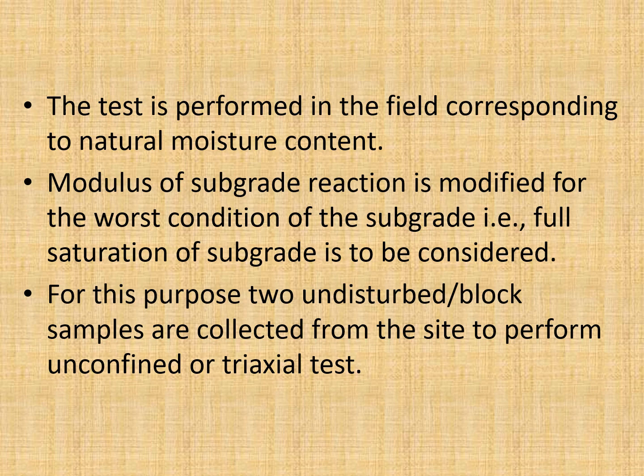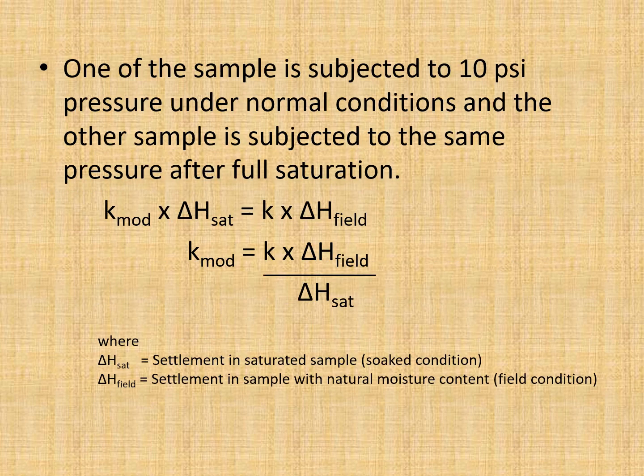For this purpose, two undisturbed or block samples are collected from the site to perform unconfined or triaxial test. So one of the samples is subjected to 10 psi pressure under normal conditions, and the other sample is subjected to the same pressure after full saturation.